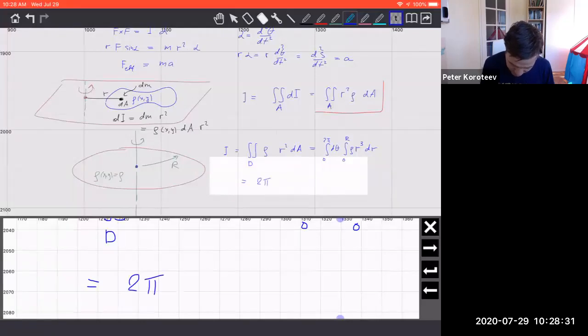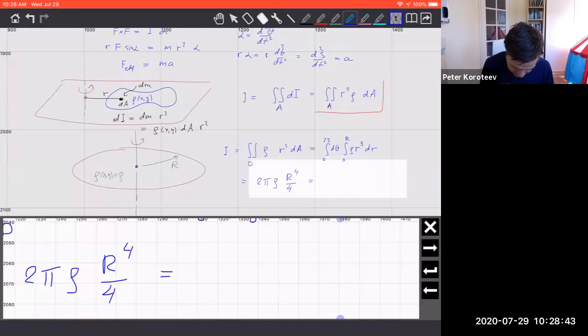So you can take 2 pi rho times R to the 4th over 4, which is equal to pi rho R to the 4 divided by 2.